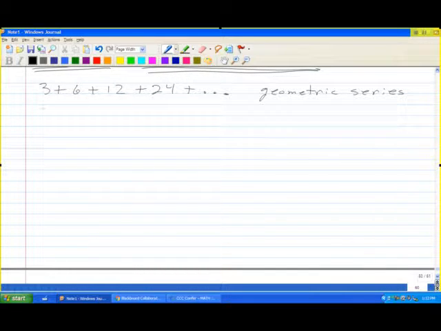Let's call S of n... well, I guess we should note, for the general term of a geometric series, it's just a sub 1 times r to the n minus 1.